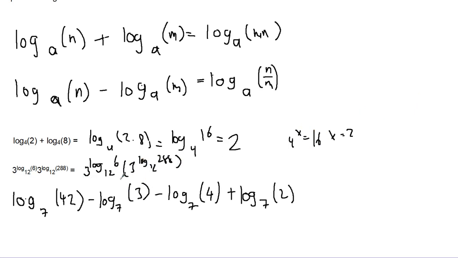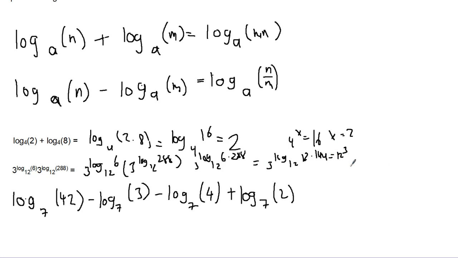So how do you combine these? Well, you add the exponents together, because if you are multiplying exponents with the same base, you can add them together. So 3 to the log base 12 of 6 times 288, which is 3 to the log base 12 of 12 times 144, which is 12 cubed, because 144 is 12 squared.